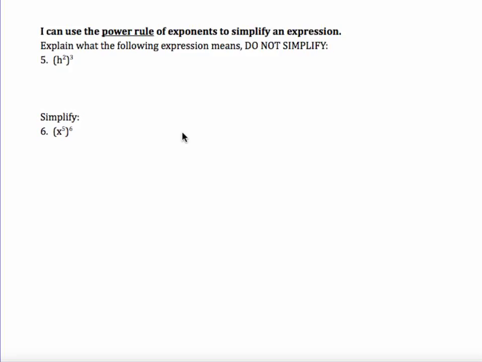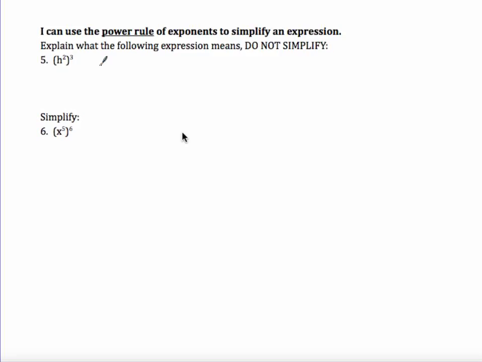All right. For 5 and 6, we're talking about the power rule. And for number 5, it wants us to explain what the following expression means and not simplify. So I have h squared, that term cubed.